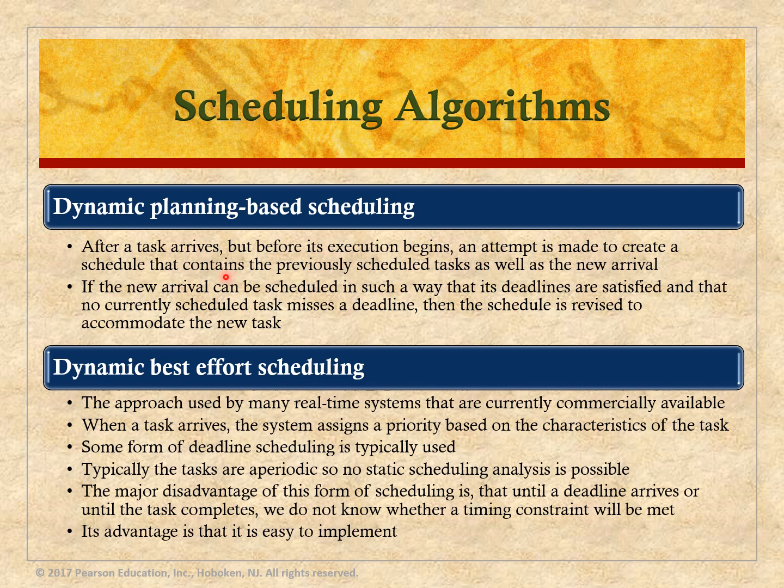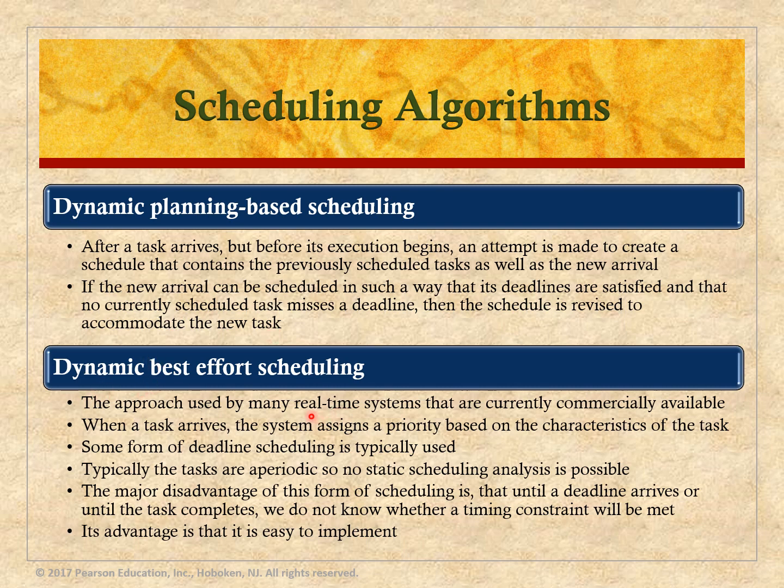If the new arrival can be scheduled in such a way that its deadline is satisfied and no currently scheduled task misses a deadline, then the schedule is revised to accommodate the new task. Of course, the previous tasks and the new task might be different, but we can use that as ground rules, for example.